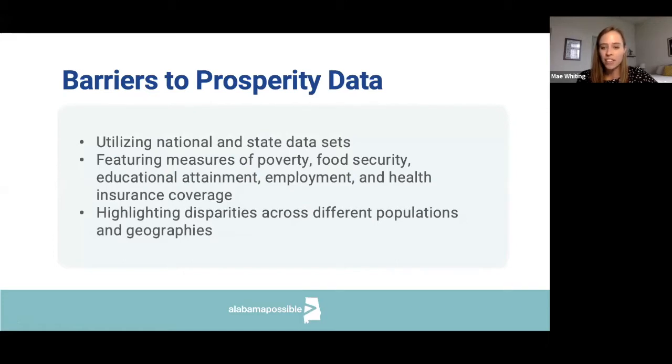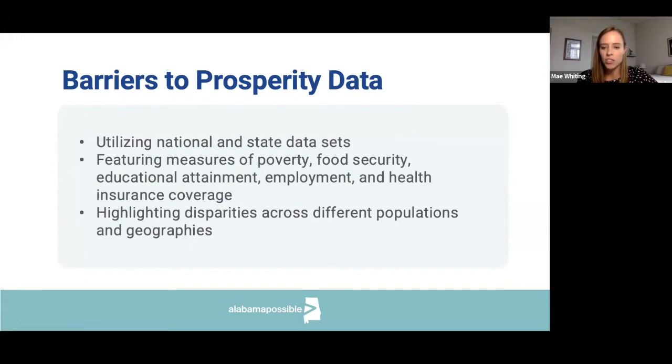So before we dive into the actual data sheet, I want to talk about how it's actually created. Every year we utilize national and state data sets to report on all kinds of barriers to prosperity.